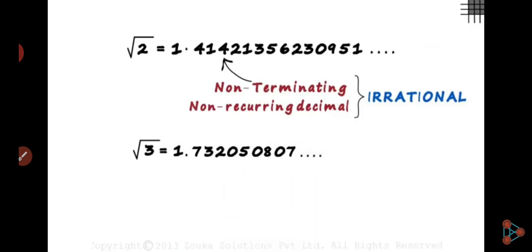So this type of number is called an irrational number, meaning they are non-terminating and non-recurring decimals.